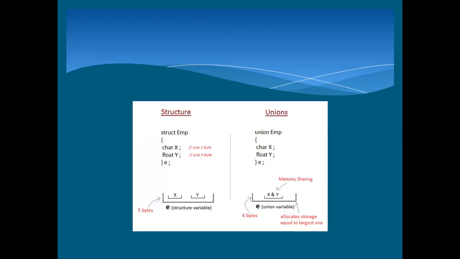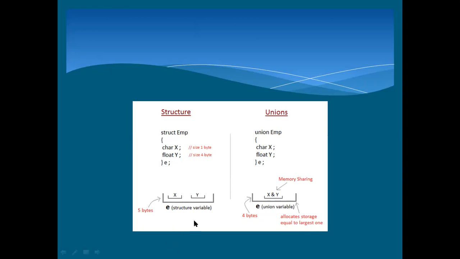Now here we are going to take a structure and union. In structure, I'm going to take two members, char and float. So in the union also, we are going to take a char and float.